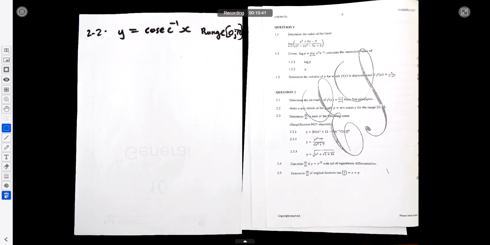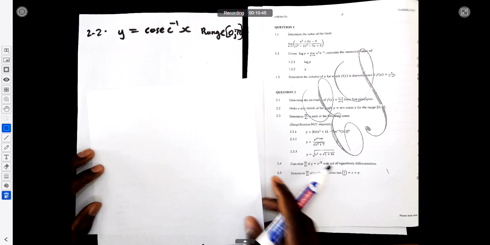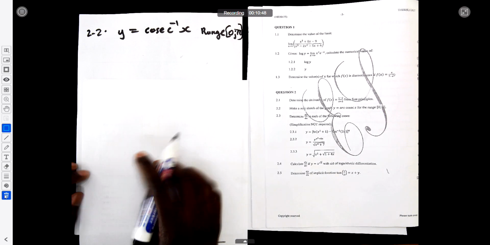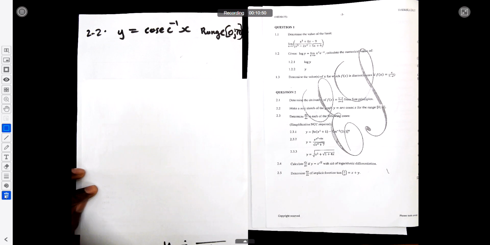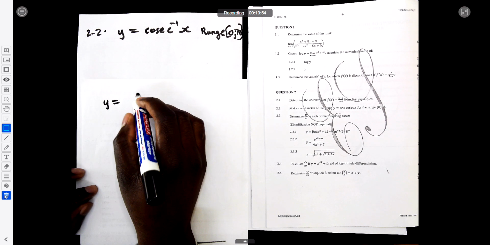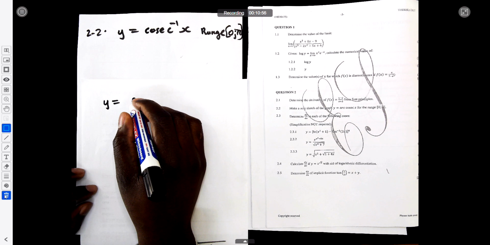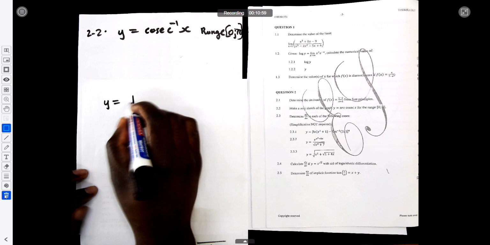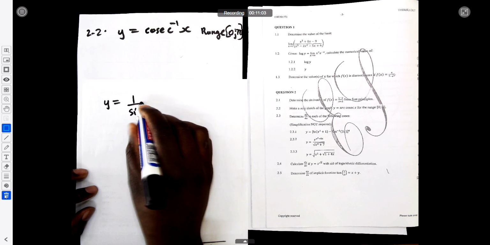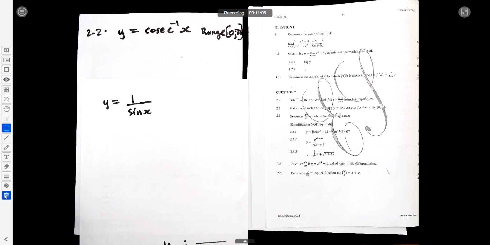Now, I just want to give a tip for when you want to draw this type of graph. First of all, you need to go back to the reciprocal function of cosec. The reciprocal function of cosec is 1 over sine x. So just start there.